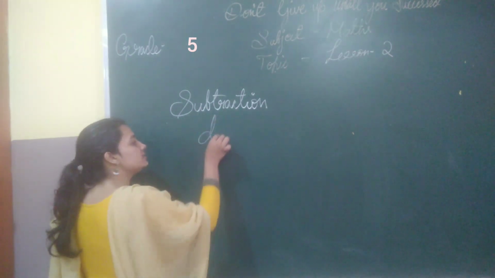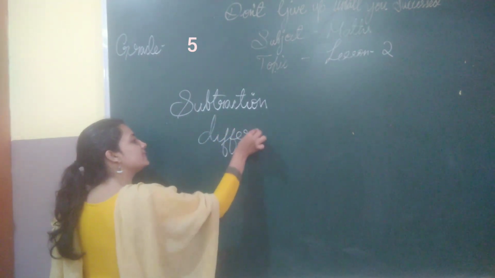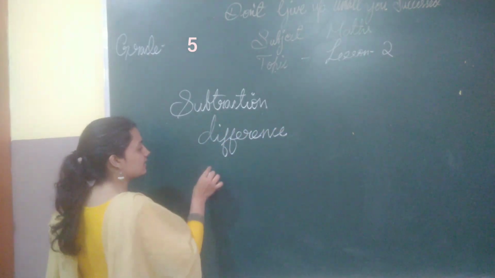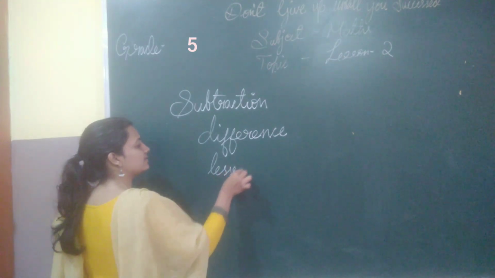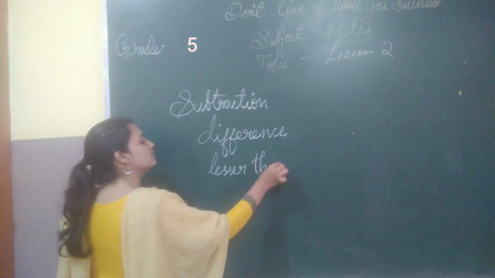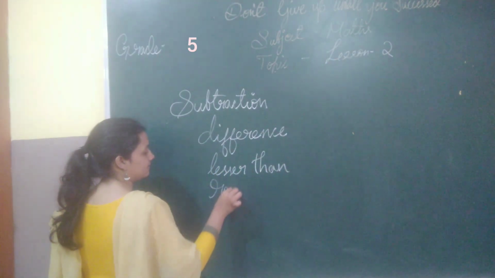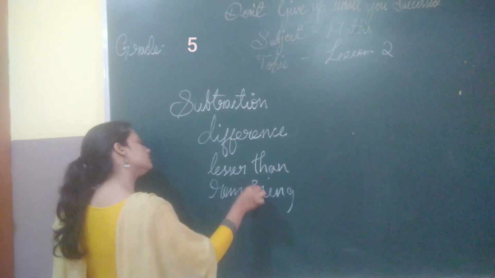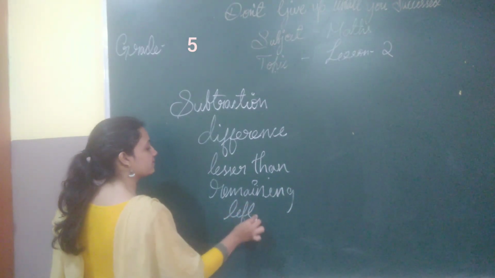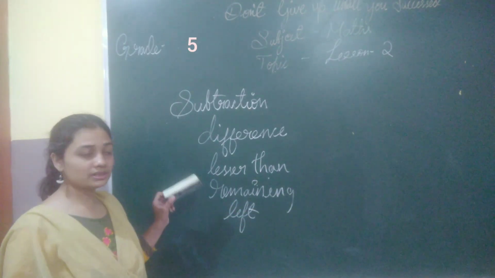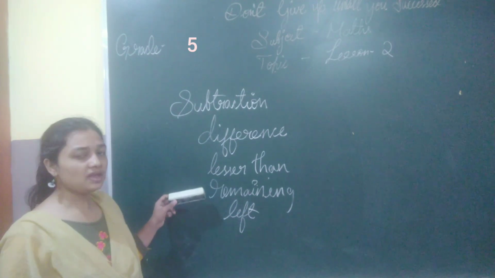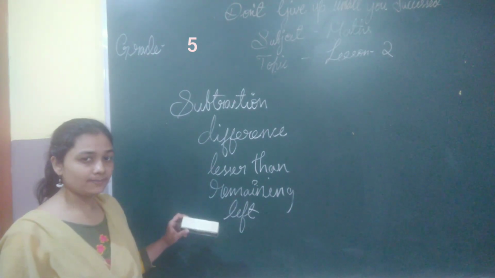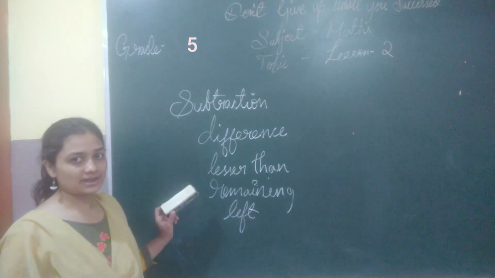Those are, first word, difference, lesser than, remaining, left. If you see all these words, you have some more. If you see all these words, then it means definitely a subtraction problem. So you understand we should do subtraction in that.